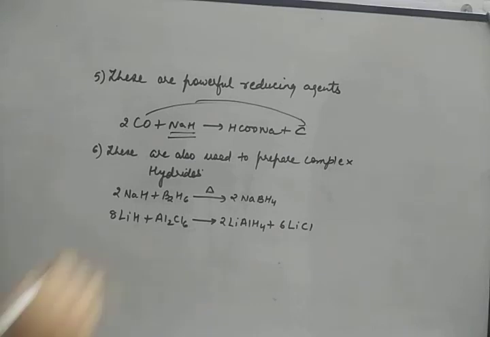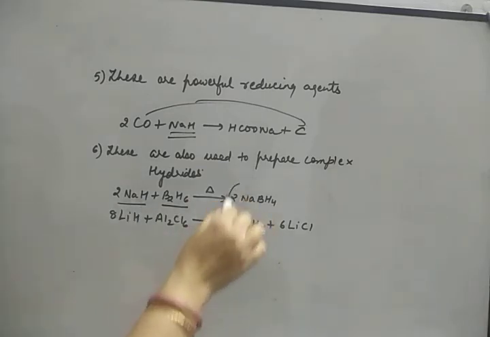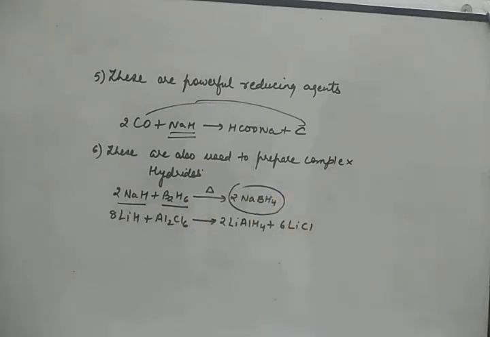For example, when NaH is treated with B2H6, a complex compound is formed, that is NaBH4. This is sodium borohydride. Likewise, when LiH is treated with Al2Cl6, we'll get LiAlH4, which is lithium aluminium hydride.